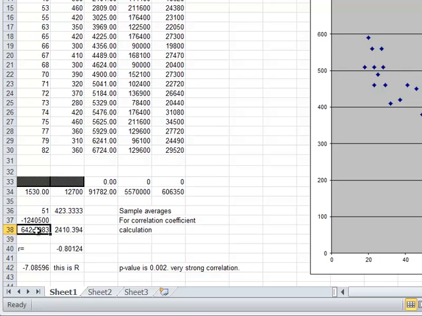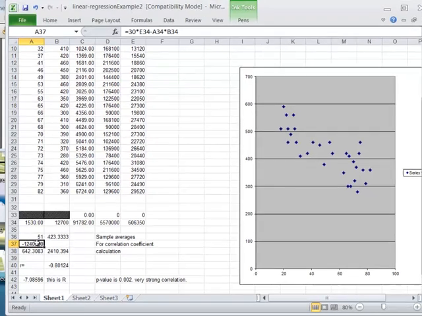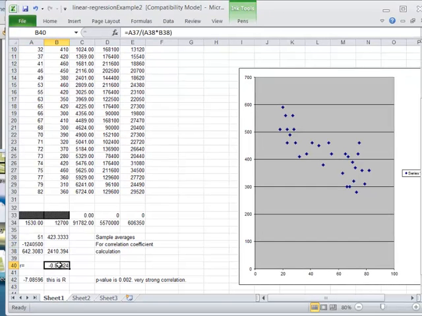So, in short, these are the two values I need to calculate the value of R. The value of R is calculated by using these three values, and this is my sample correlation coefficient.